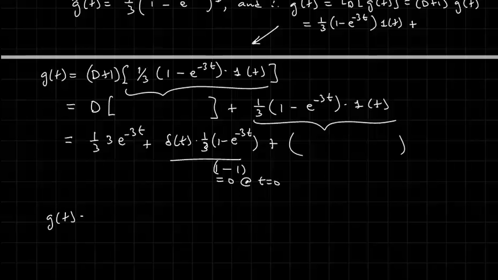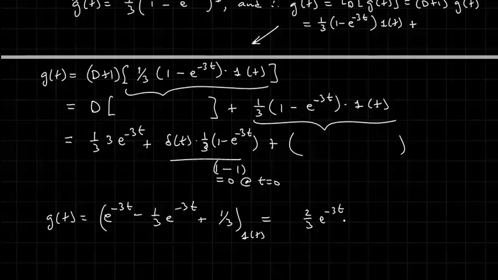That might not be the mathematical term, but that's what we'll go with. Okay, so now we have e to the minus 3t plus minus 1/3 e to the minus 3t plus 1/3. And we arrive at 2/3 e to the minus 3t, oh, and this is all times 1 of t, plus 1/3 times 1 of t.